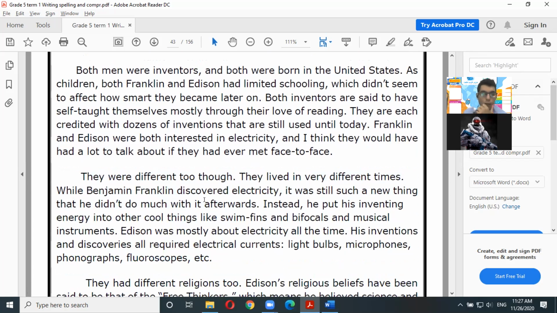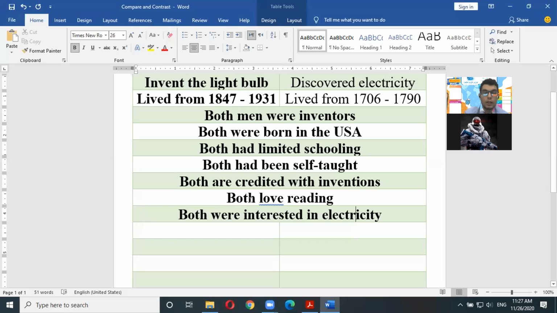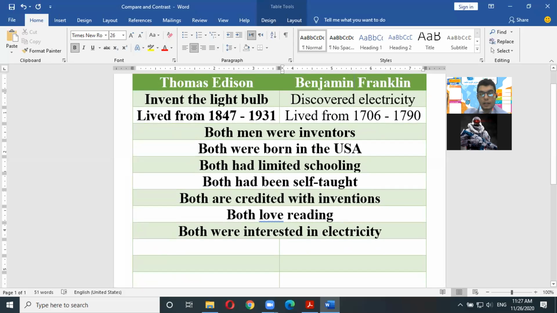Do we have anything to write here? Yes, that they are different too, though they lived in very different times. Very good. They lived in very different times, and it's mentioned where. Right, Abdullah?